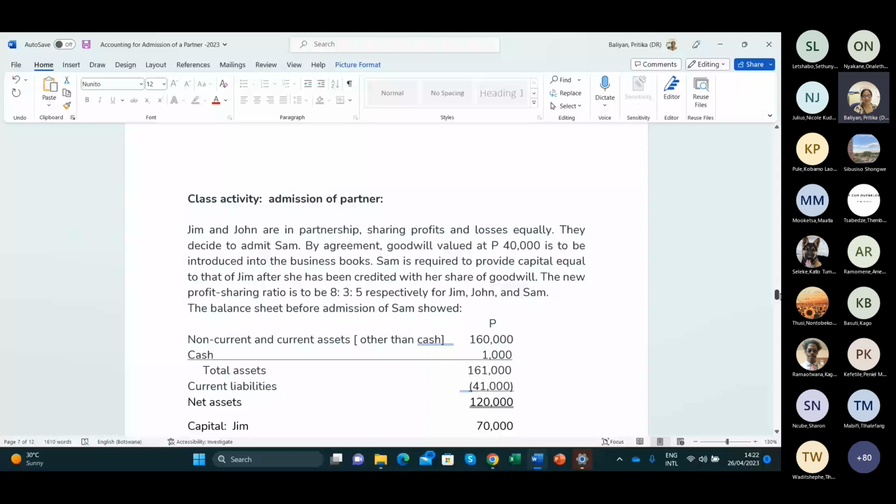So you subtract 200,000 minus 160,000. The difference is 40,000. So 40,000 will be valued as goodwill. Actually, it is the difference between the market selling price of the business and the value of the assets in the business.